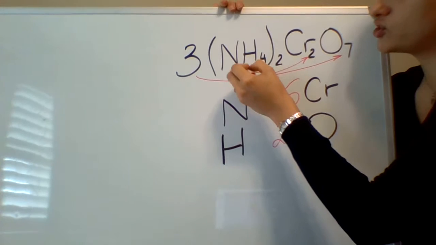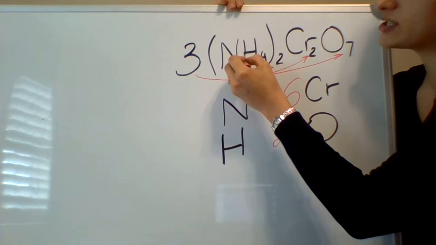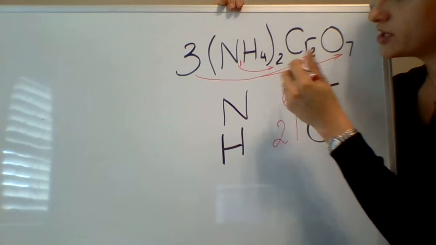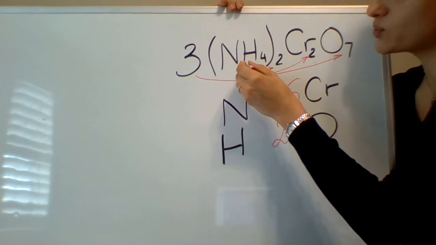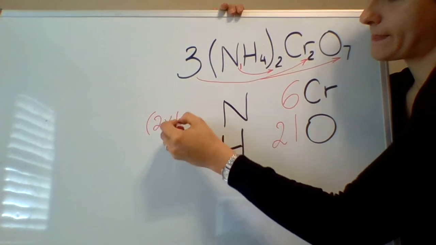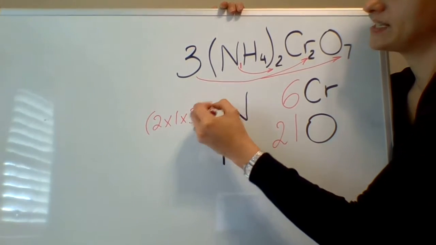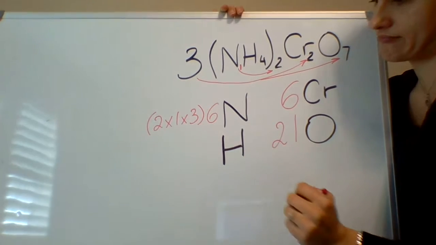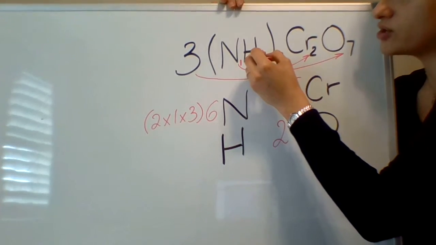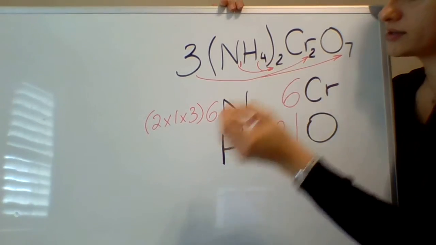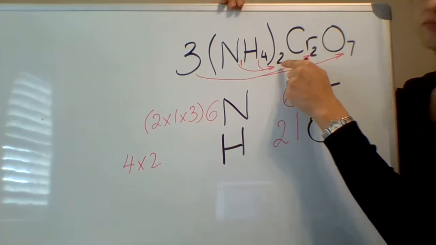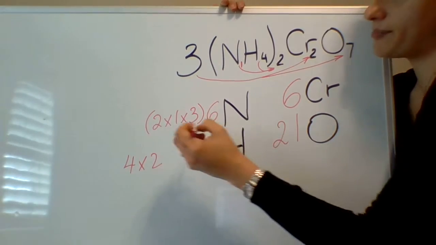So you take 2. So imagine this was a 1. Remember, we say if there's no subscripts, you take it as a 1. You have to take 2 times 1 times 3 to give you 6. For hydrogen, you do the same thing. You take the 4 times 2, and then you multiply that by 3.